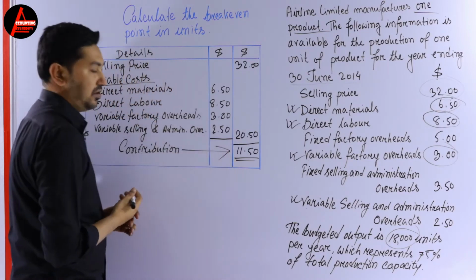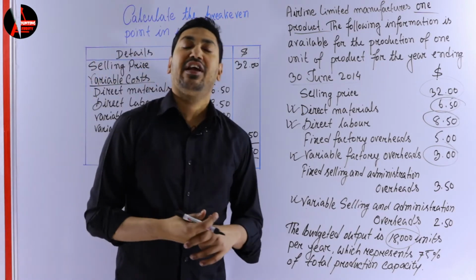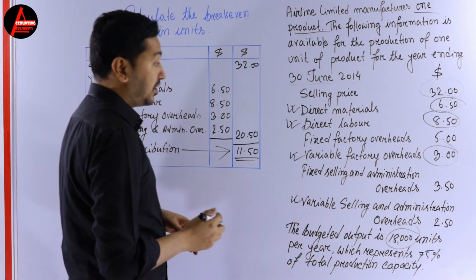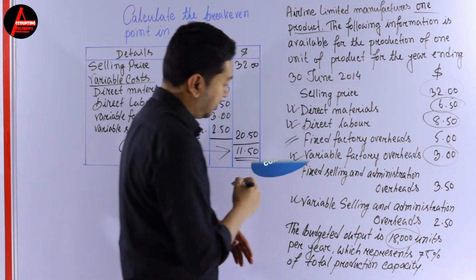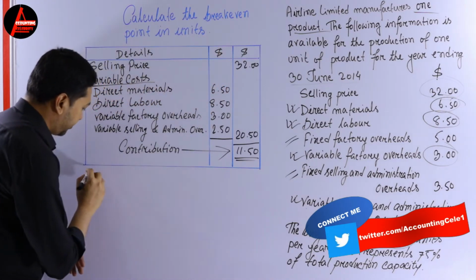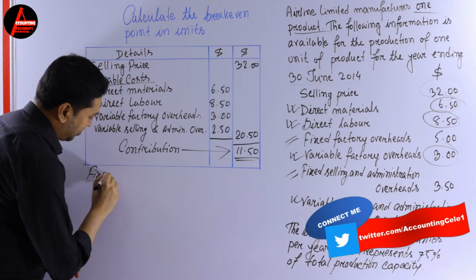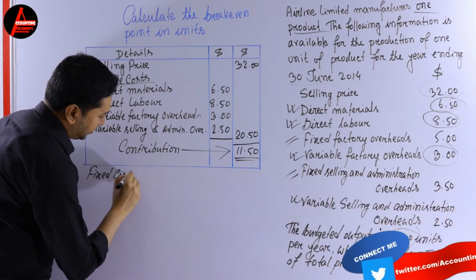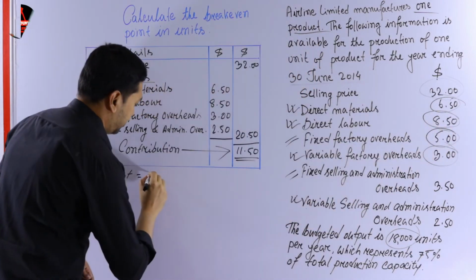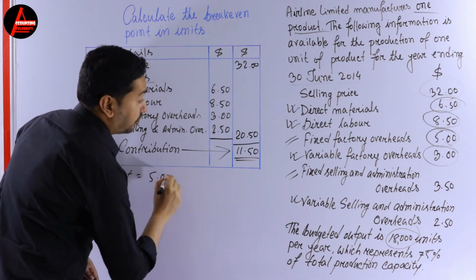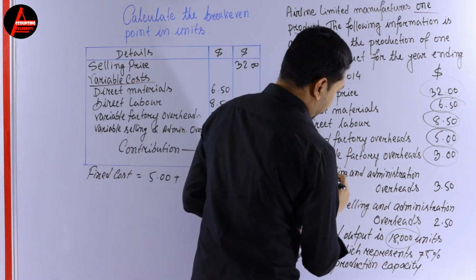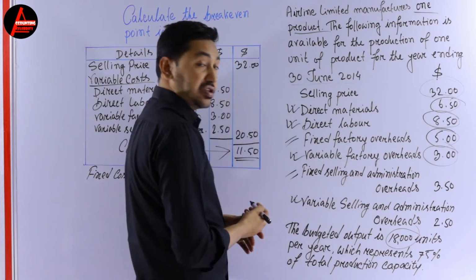Fine. So now we need to calculate our fixed cost. So what are the fixed costs here? We have just two fixed costs. So right here, fixed cost equals this factory overhead, $5, plus one more we have here, fixed selling and administration overheads.